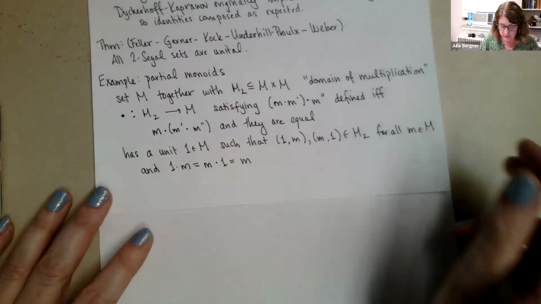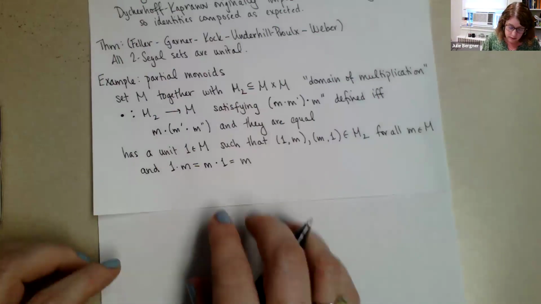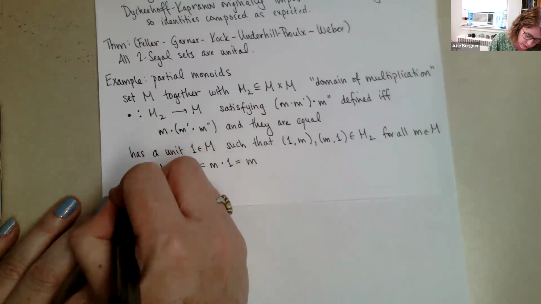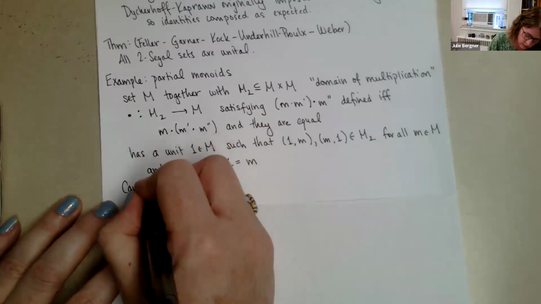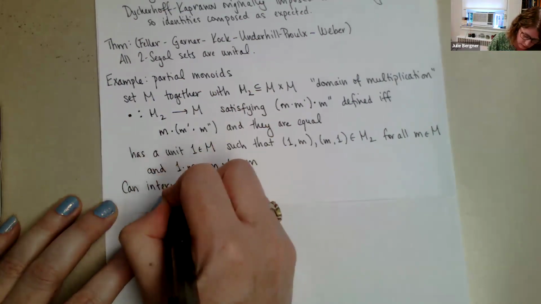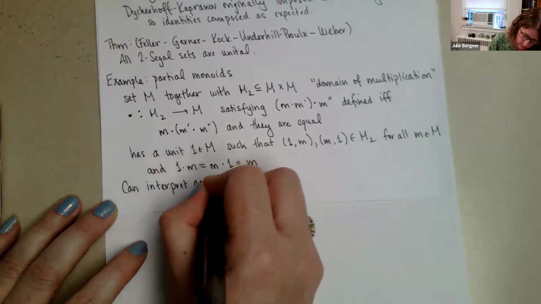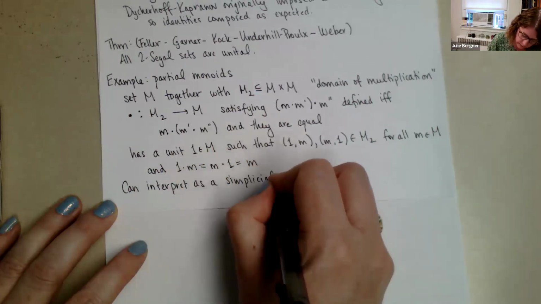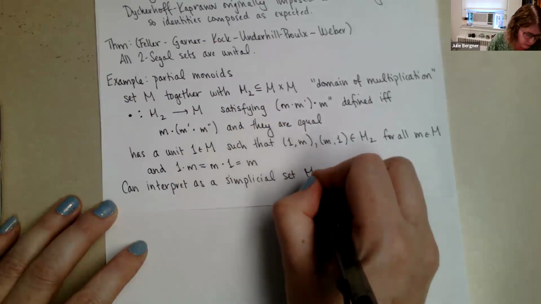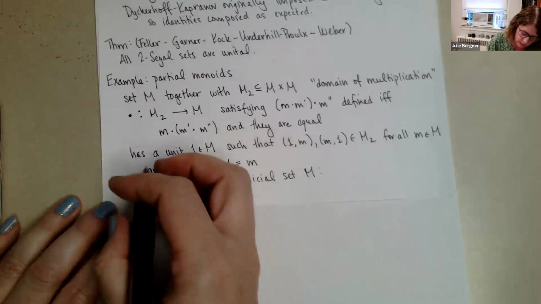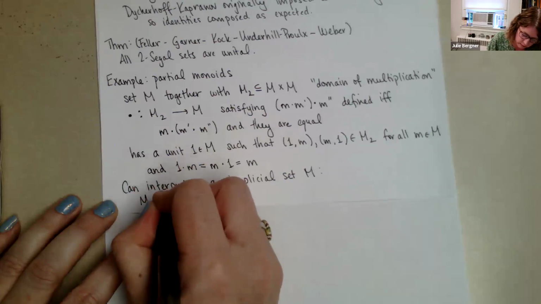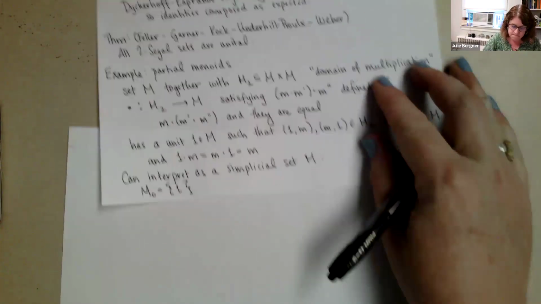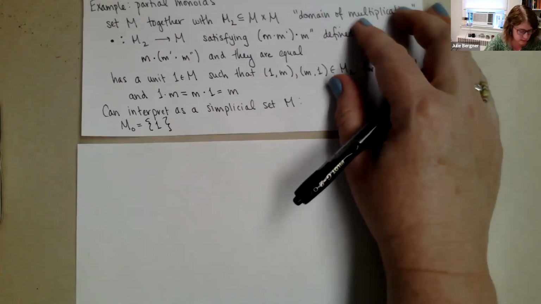Now that's a very algebraic way to define it, but we can interpret it as a simplicial set, which I will also just call M. So M0 will just be the identity 1, that single object set.